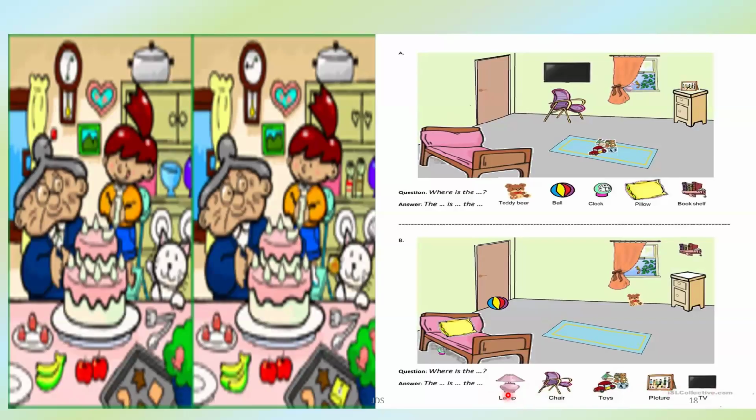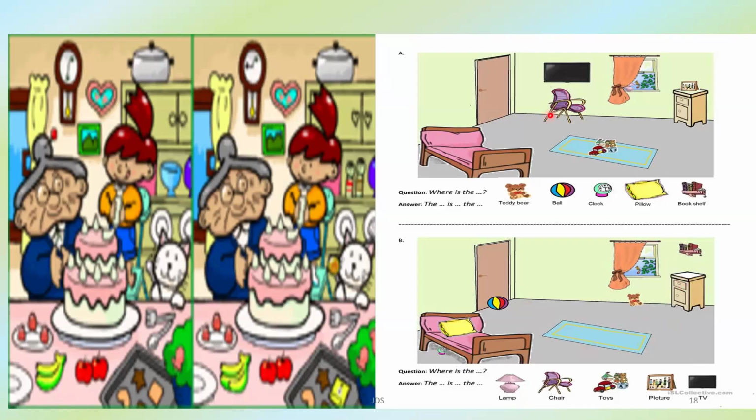You have the lamp, the chair, the toys, the picture, and the TV. All these 5 objects are missing in my picture. They are not marked. I need to ask you where each of these objects is kept, and draw those objects on my picture.